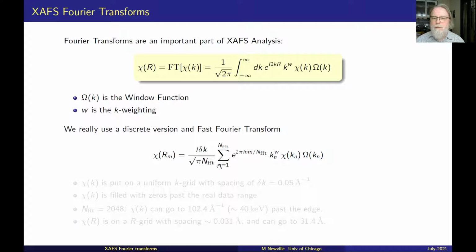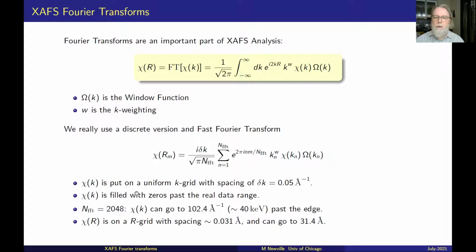It doesn't make much difference, really. When we convert from our raw data into energy space, we put the data into chi of k on a uniform k grid with a spacing of 0.05 inverse angstroms. And then we fill the data past the real data range out to about 100 inverse angstroms past the edge.